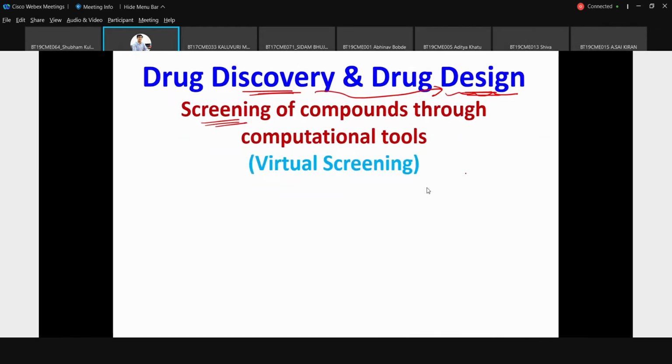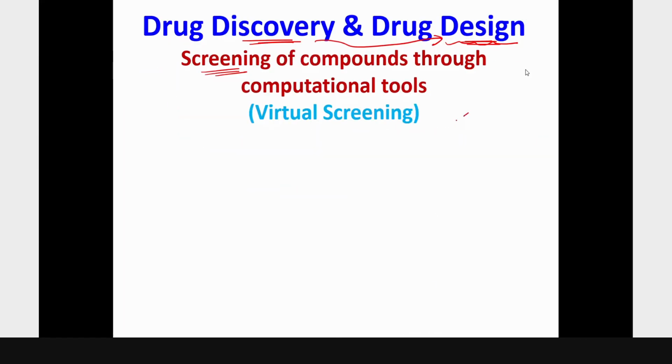If you identify a particular compound that you know is the best possible compound, how can you modify it by adding suitable functional groups based on some other information? So you are modifying even the best possible compound found from your earlier method. Instead of just discovery, you are doing the designing also.